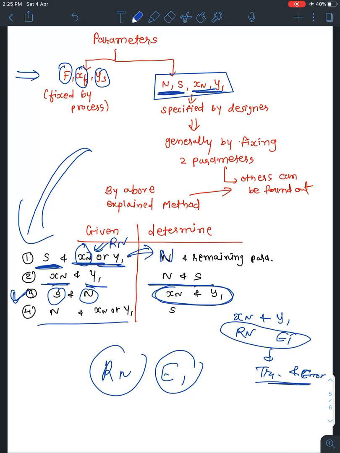This is the final method. So this can be a combination, but here we just discussed that if we are given S and xn or y1, we can find the number of stages for multi-component counter-current extraction. That was the procedure, and based on that we can solve the example. So thank you so much.